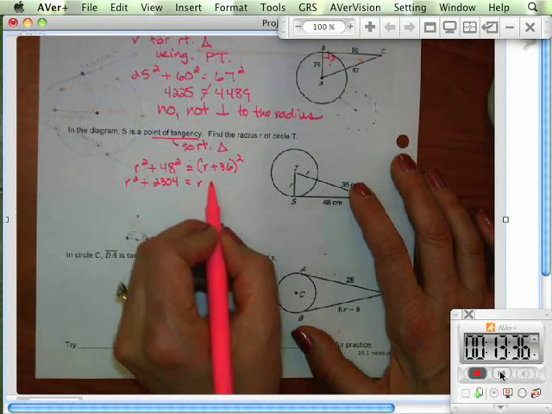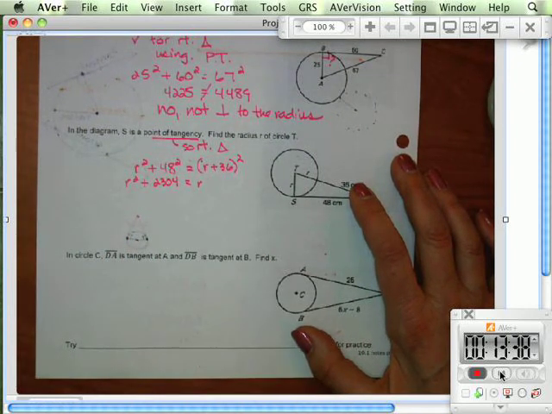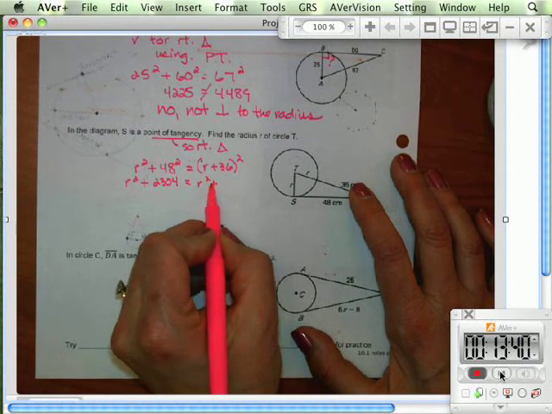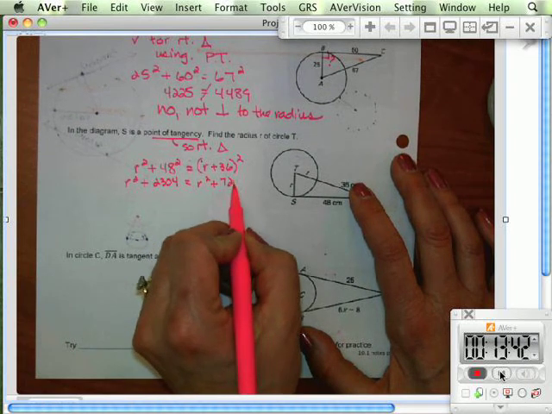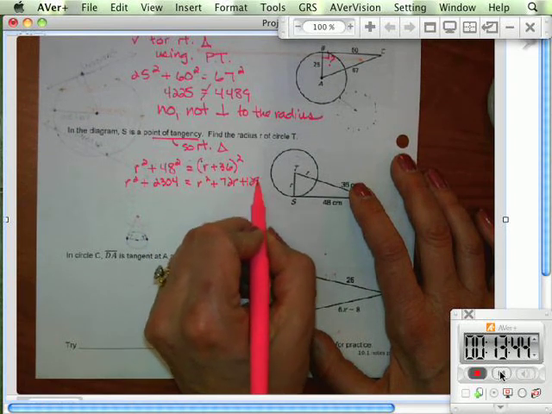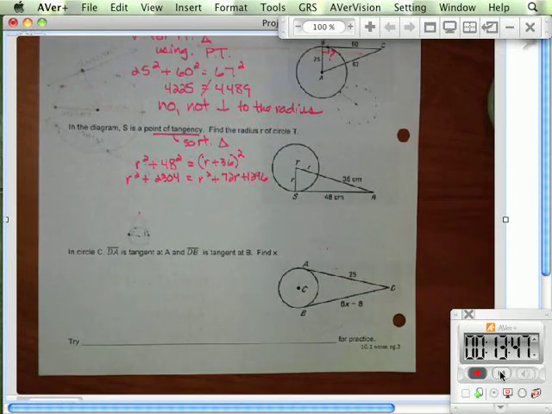It's not 36 squared, though. Well, the end is. R squared plus 72R plus 1296. That's FOILed. R plus 36 times R plus 36. You can only distribute when it's multiply.